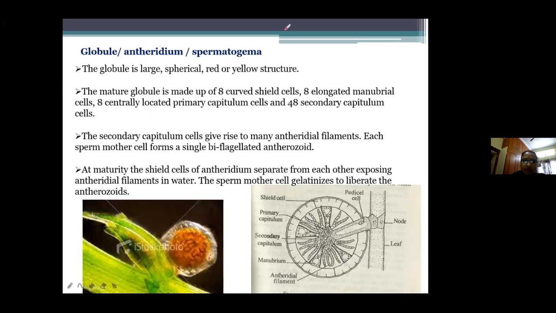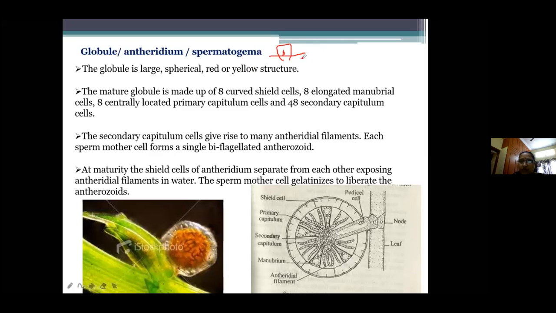See here girls, I'll draw the diagrams. First, the globule development starts with the initial cell. This is the globule initial cell. In this globule initial cell, the first division is a transverse division, forming two cells.